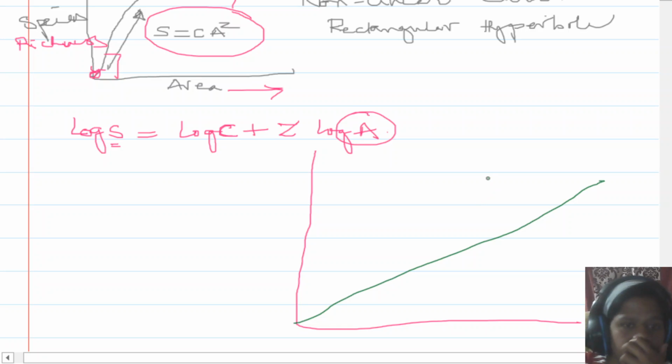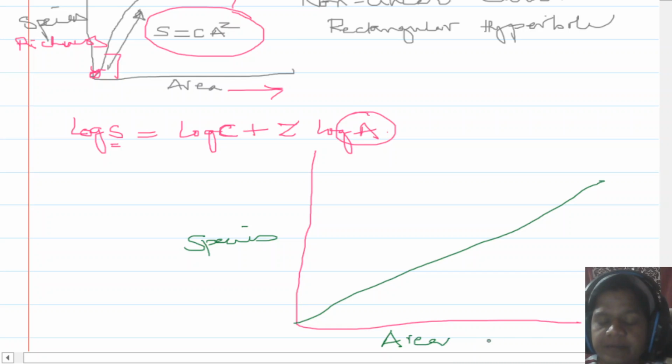So it's the same species richness and area on the axes. Here we see the slope. This is the Z. This is what we are concerned with.